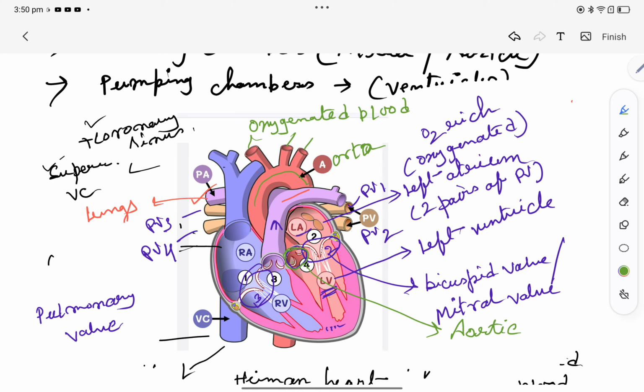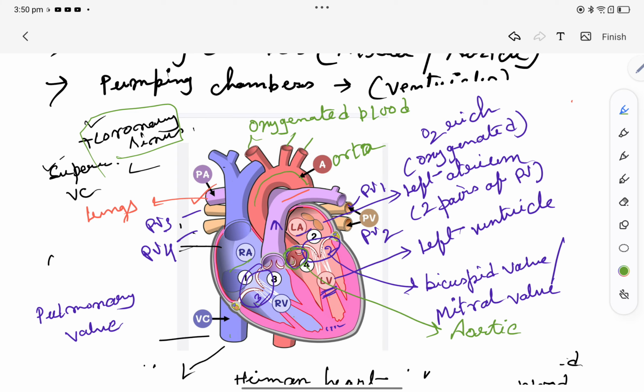Fine. So remember, the right atrium receives deoxygenated blood via the superior and inferior vena cava and the coronary sinus. This deoxygenated blood enters the right ventricle. The backflow is stopped by the tricuspid valve. It enters the pulmonary trunk.